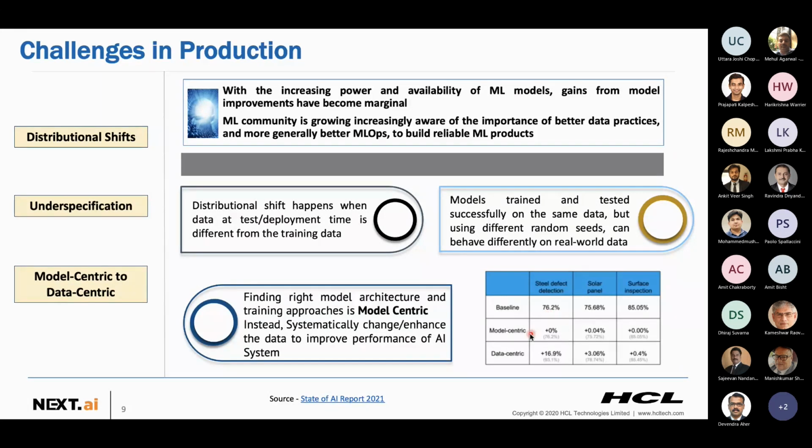Later on, since there were some enhancements done on the data side, the final accuracy has increased about 17%, reaching 93.1. There is a marginal improvement in the solar surface inspection use case. So this essentially tells us to move from a model-centric approach to a data-centric approach.